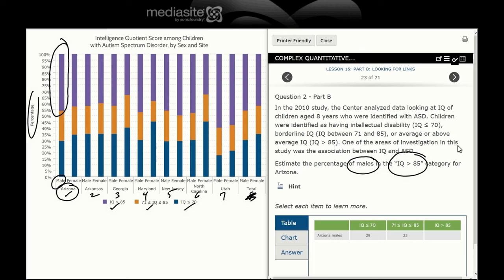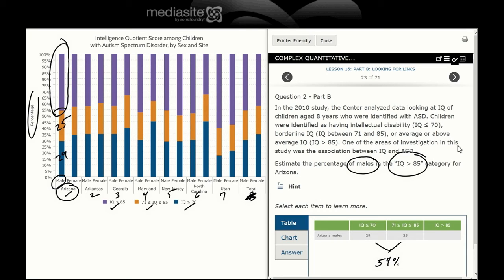Okay. Now we look over here. They've already filled in two of the blanks. That's 29. That's 25, and the rest should be the other one. But add these two up. 5 and 9 is 14. Carry the 1. 2 and 2 is 4 plus 1, so 54%.